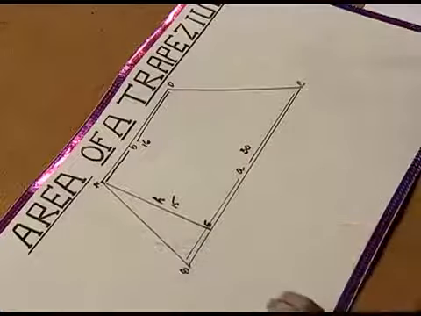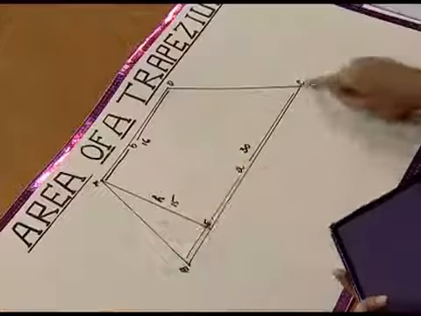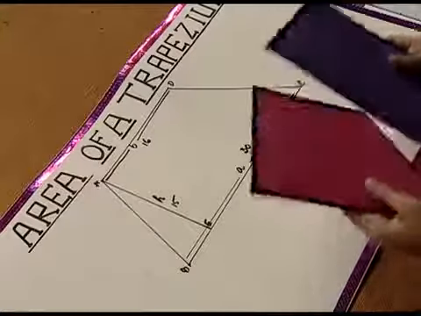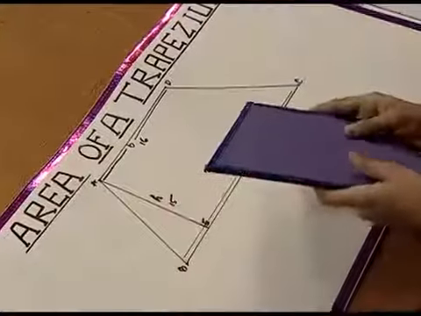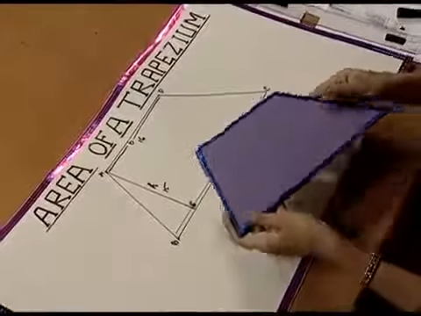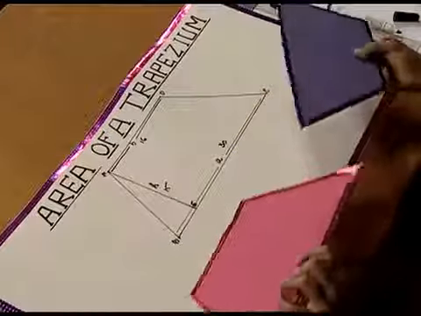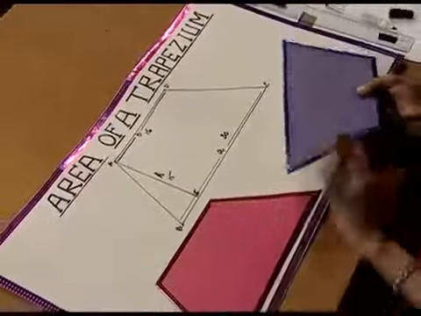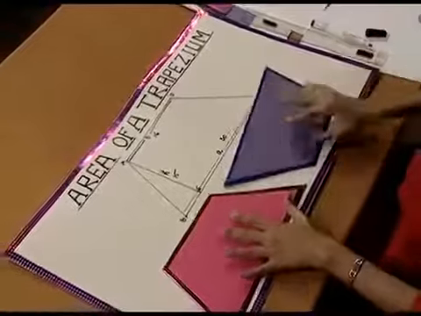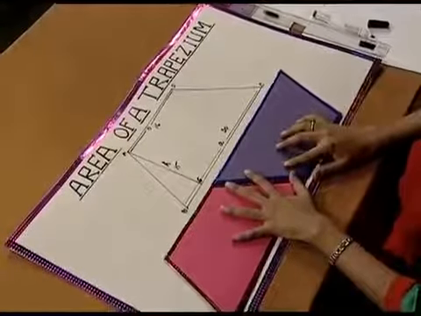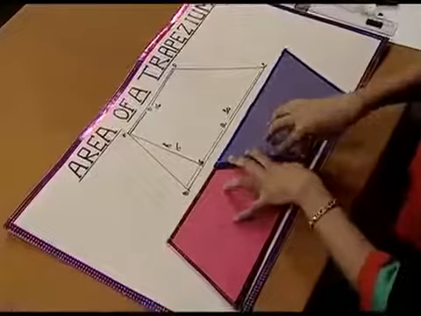Now, with the help of colorful sheet and scissors, we make cutouts of this trapezium, and we have to make 2 identical cutouts of this trapezium ABCD. As you can see, they are both identical to each other. Now, with the help of these 2 cutouts, we are going to place them in such a manner that this forms this kind of a shape.